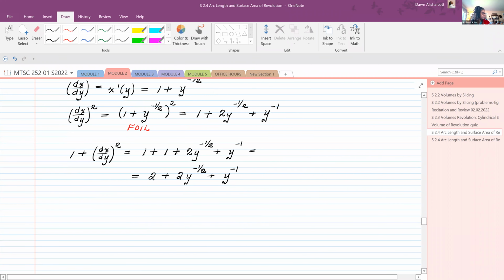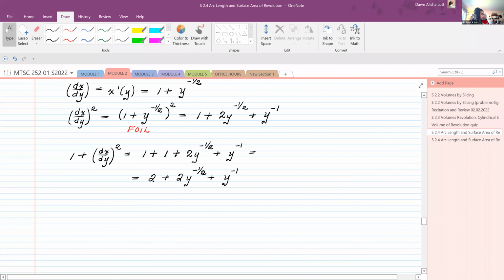In fact, it looks kind of difficult. So what I would do is probably take out y to the minus 1 if I wanted to simplify this and have positive exponents. So I would simplify this. I would take out the 1 over y, and that would leave a 2y plus a 2y to the 1/2 power plus 1.